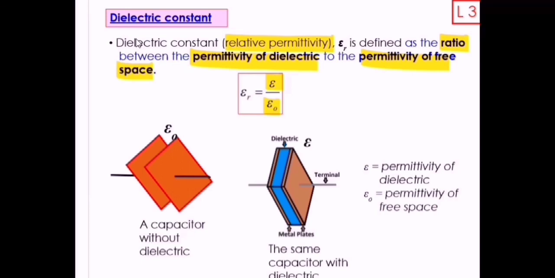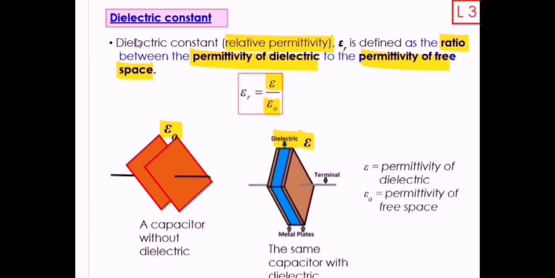So this is a capacitor without a dielectric. Without a dielectric, it would be free space, so the permittivity of free space. And if we include a dielectric between the plates of the same capacitor, then it would be the permittivity of the dielectric.